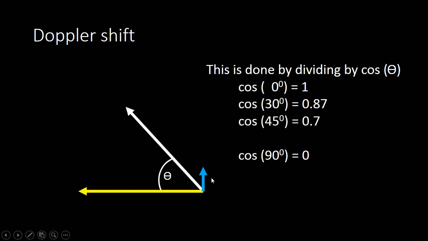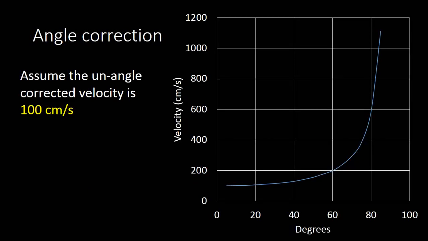In between 0 and 90 degrees, we have a number of fractions that are equivalent to the cosine of those different angles. So we divide our velocity detected by the probe by these fractions that account for our angle of inclination, and that gives us the velocity within whatever object or structure we are interrogating.